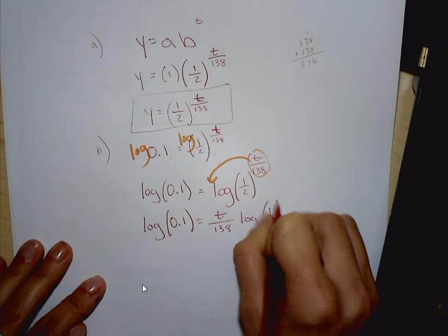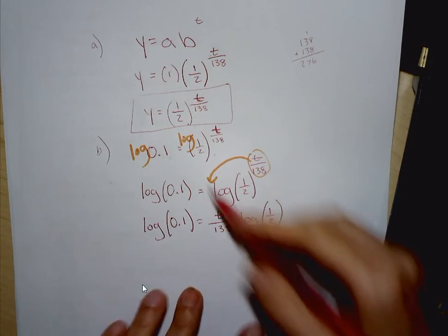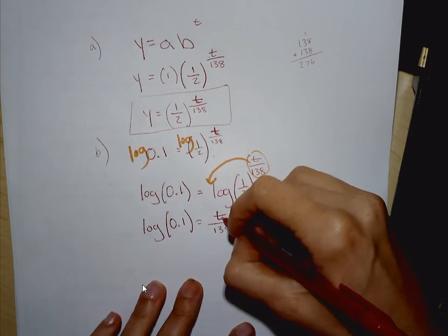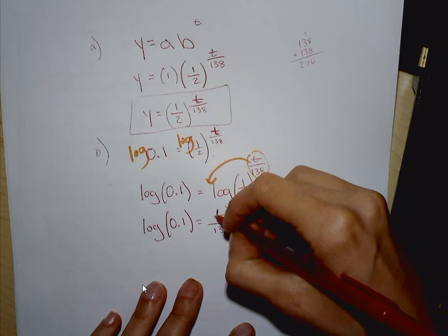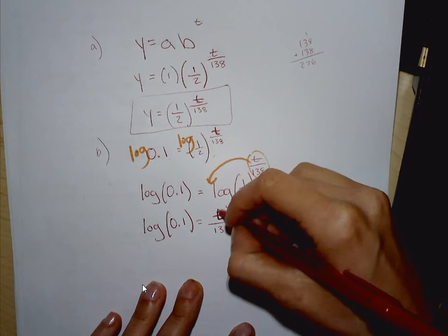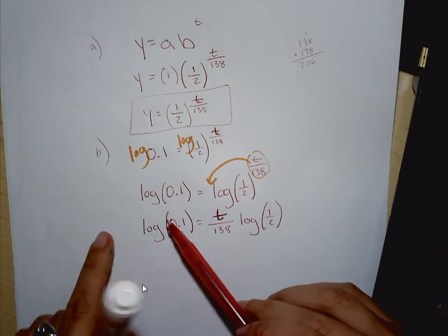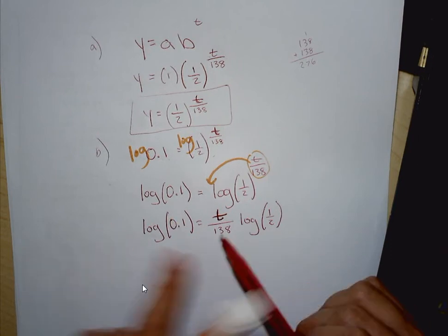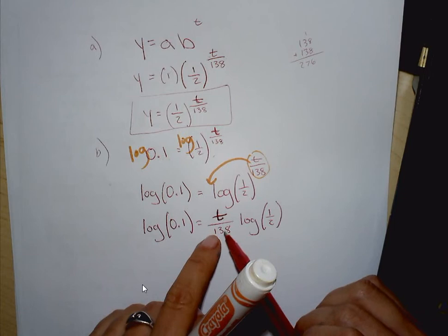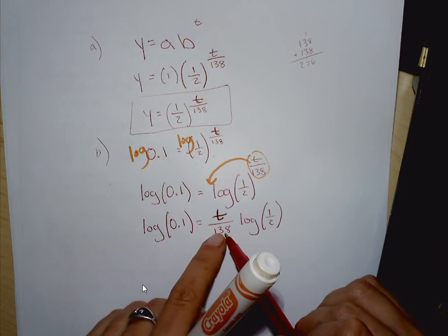Remember what it is I'm solving for. I'm solving for this t. Now it's no longer an exponent, so we just made our lives a lot easier. But everything else around this t, I want to get to the other side. I'm dividing by 138 here, and the inverse operation of division is multiplication.